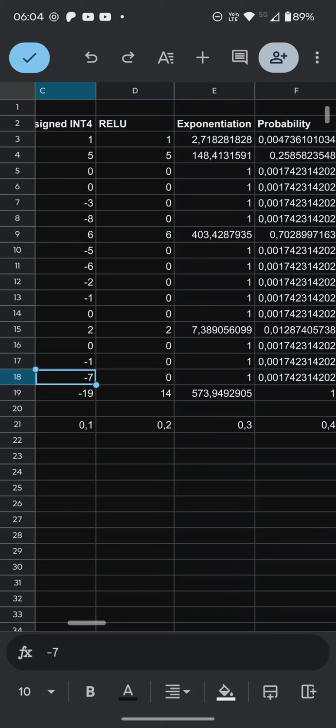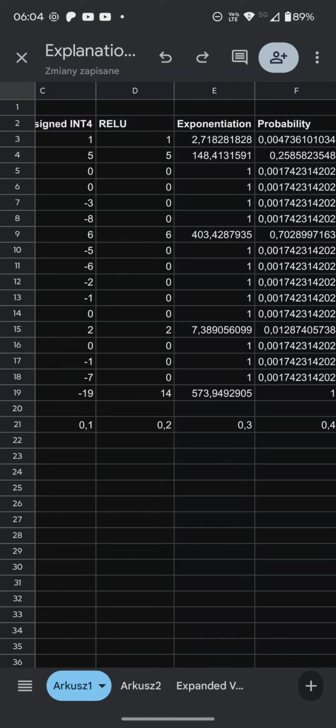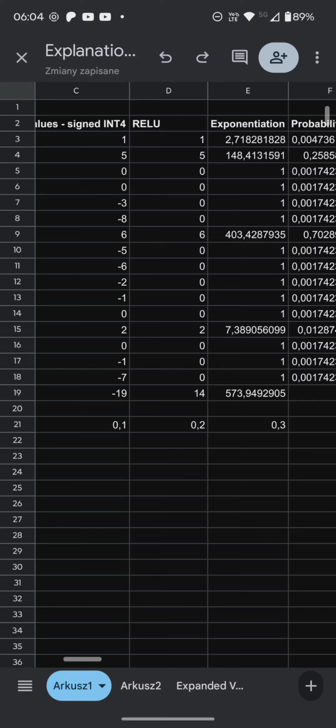Then we apply ReLU, which is a function that basically only takes positive values and passes them through linearly, y equals x on the positive side.